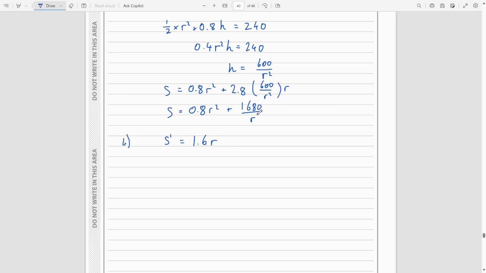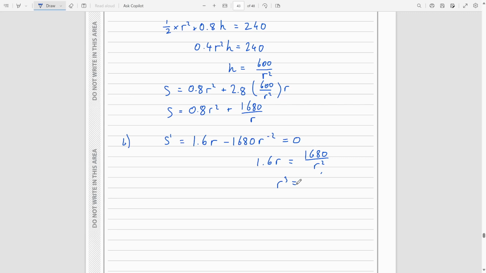This is 1,680r to the minus 1, so that's minus 1,680r to the minus 2, and I can set this equal to 0. 1.6r is equal to this, which I'm going to write now as 1,680 over r squared. That's useful because I can multiply through by r squared, giving me r cubed here.